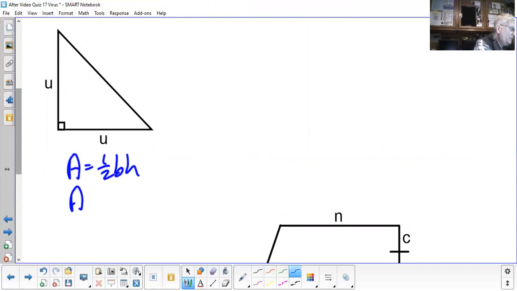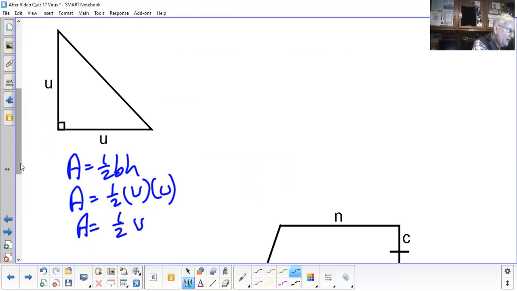The base is U, and the height is U. Therefore, my area of this figure would be 1/2 of U times U, which is the same thing as U squared. So I could express the area of this triangle as 1/2 U squared.